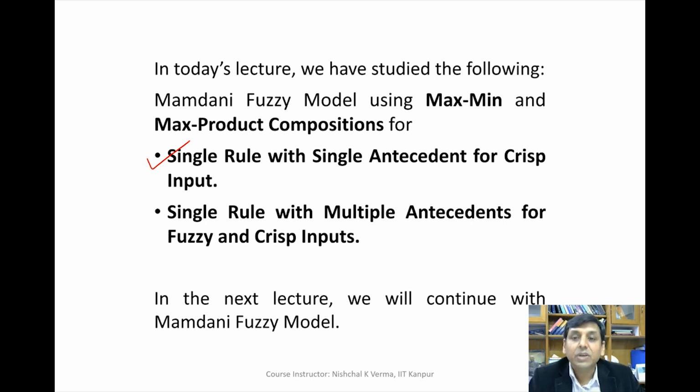And also we have discussed the Mamdani fuzzy model using max min and max product compositions for a single rule with multiple antecedents for fuzzy and crisp inputs. And in the next lecture, we will continue our discussion with the remaining part of the Mamdani fuzzy model. Thank you.